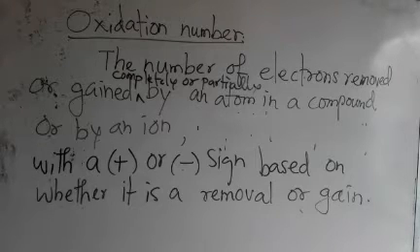So that is partially, they have removed or gained partially. And completely means like when an ion is formed. So that is called oxidation number. As an example, in water, the oxidation number of hydrogen is +1, and the oxidation number of oxygen is -2.